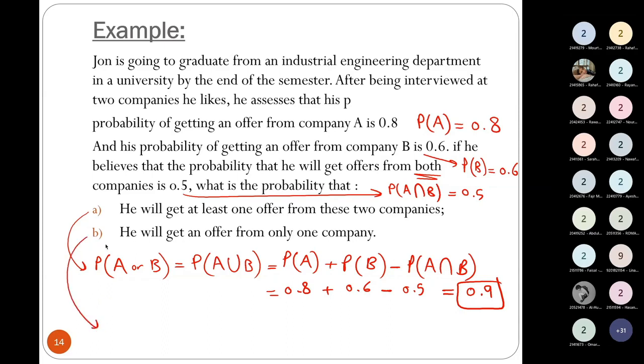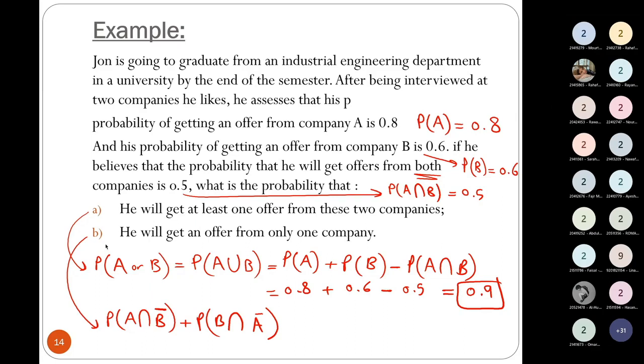Number two, he will get an offer from only one. From only one means the probability of A but not B, not meaning complement, plus the probability of B intersection with A complement, like this.